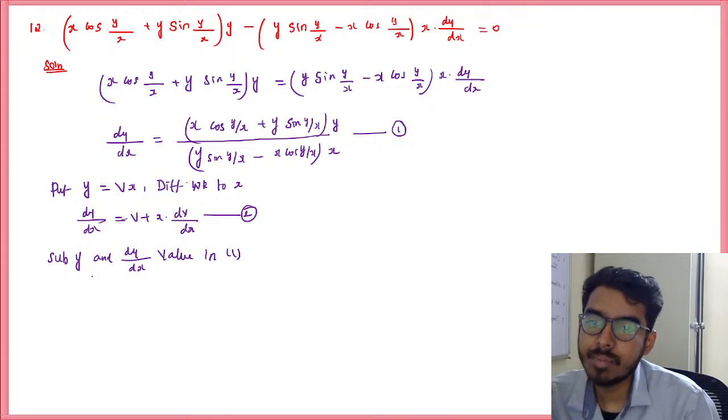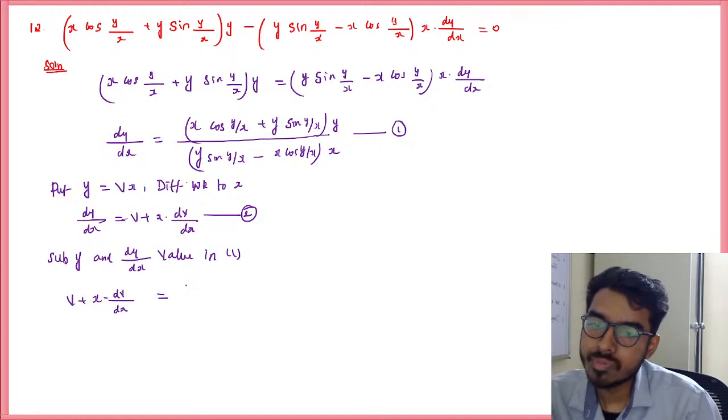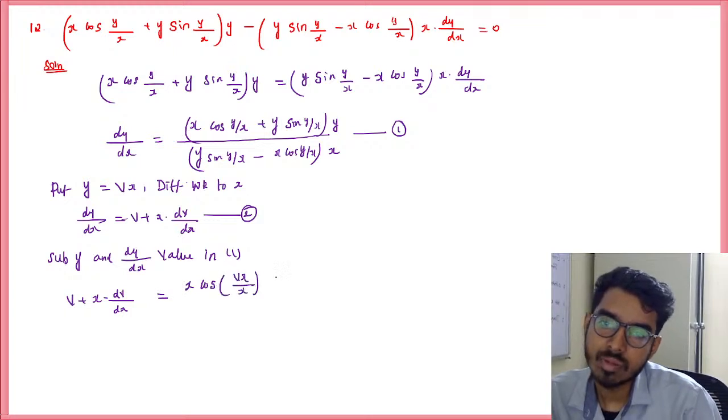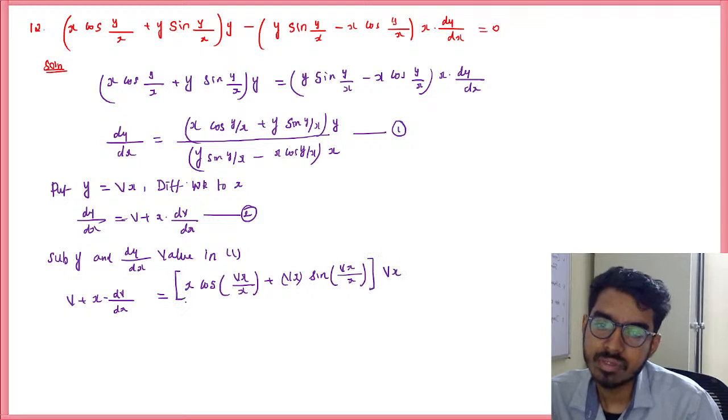Right? So what is dy by dx? This is v plus x into dv by dx equal to x into cos y by x. So y is vx, plus y sin y by x into y. So y is vx divided by, here we have y, right?